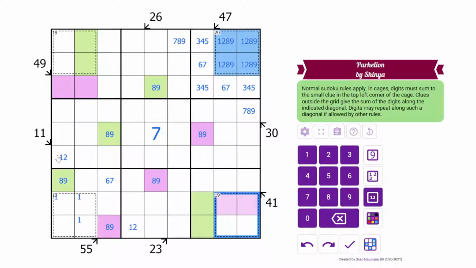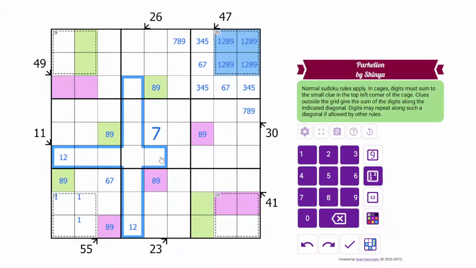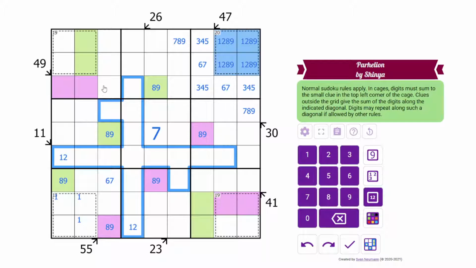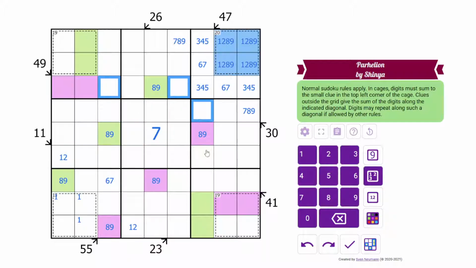Wait a second. Okay, wait. If these are both 1s, then those are the only places where 1s can go on the Fistmafel ring.